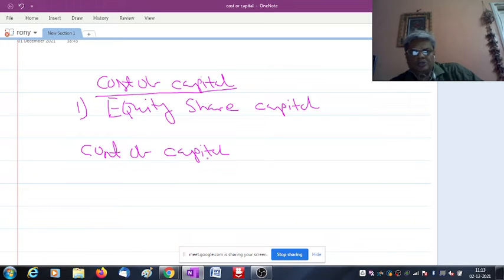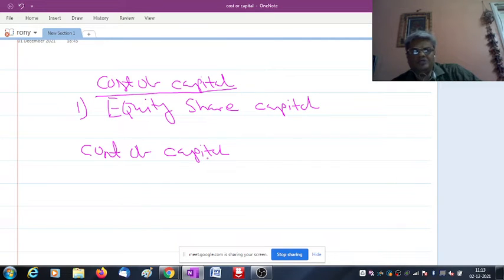See, there are various types of capital: equity share capital, debenture, both redeemable and irredeemable, preference share capital, redeemable and irredeemable, as well as loan, bank loan or loan from a non-banking financial institution.